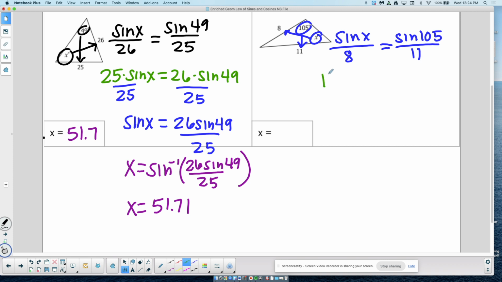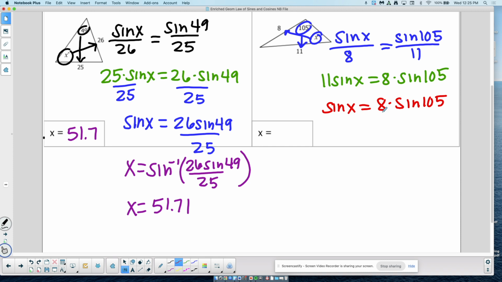Cross multiply. 11 sine of x equals 8 times the sine of 105. To get x alone, we're going to divide by 11. And since we're looking for an angle measure, we're undoing the trig function of sine. We're going to take its inverse, so we're going to do sine inverse of 8 times the sine of 105 over 11.